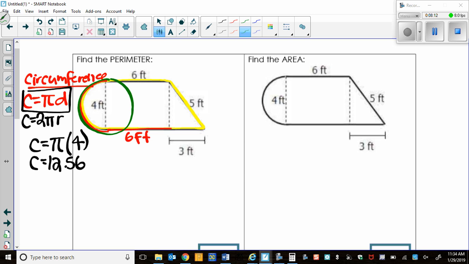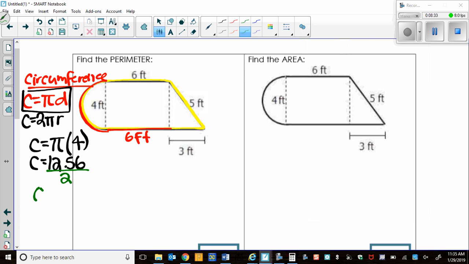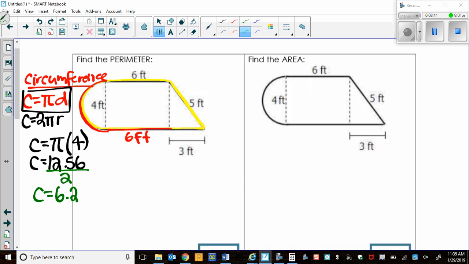You don't have to write this on your paper, but 12.56 is the entire circle. We only want half of it. So what we're going to do is take this number and divide it by 2 to actually get the length of the semicircle. So I'm going to go ahead and divide it by 2. And I get my circumference equals 6.28 feet.